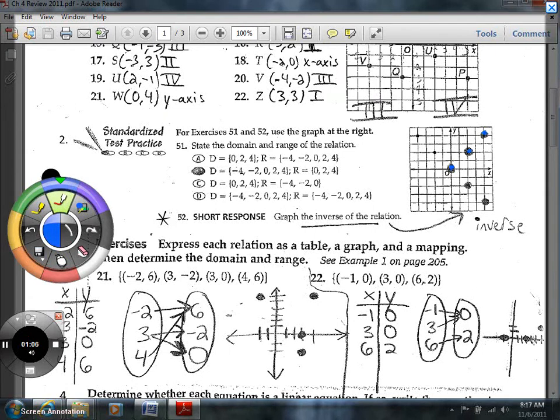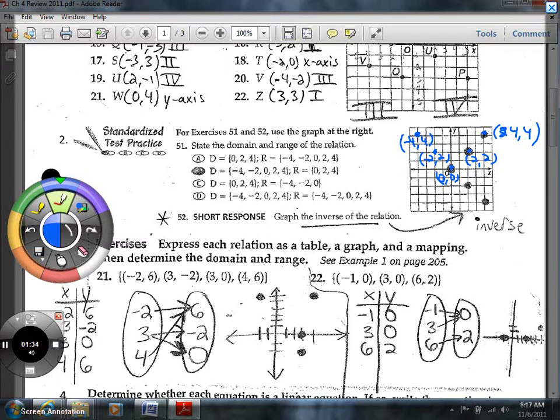You would look at those dots and ask, what are the coordinates? So you have 0, 0, 2, 2, 2, 4. No, actually, 1, 2, 3, 4, 4, 4 is that one. And then this one, 0, 0, and 2, 2. Negative 2, 2, and negative 4, 4.